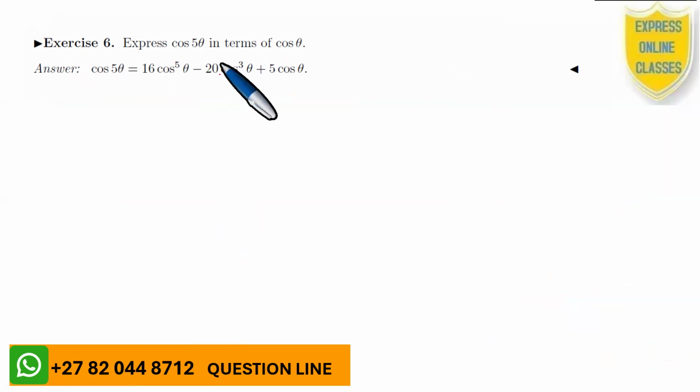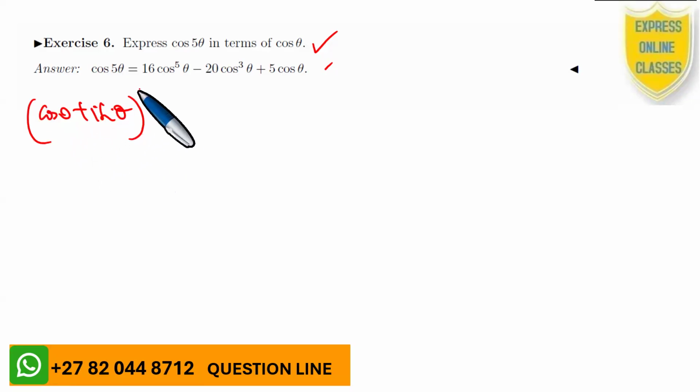Now you need to express 5 theta in terms of theta. To do that, you write cosine theta plus i sine theta. And you can first write it as this.